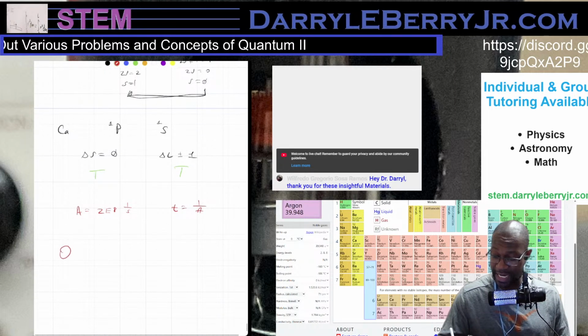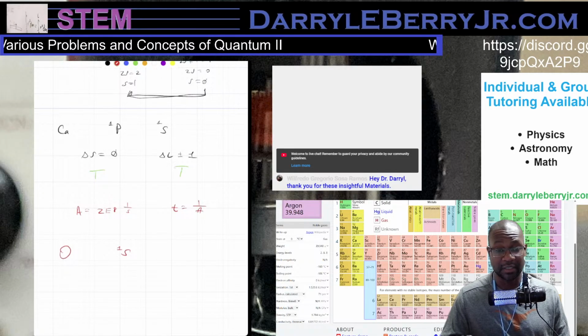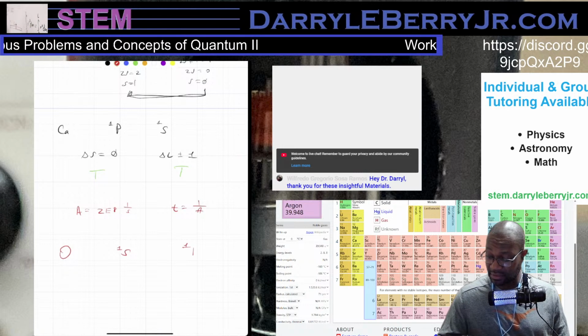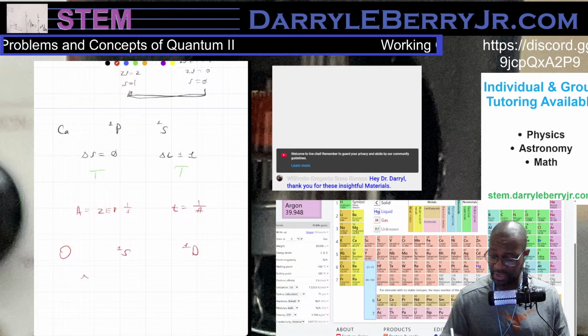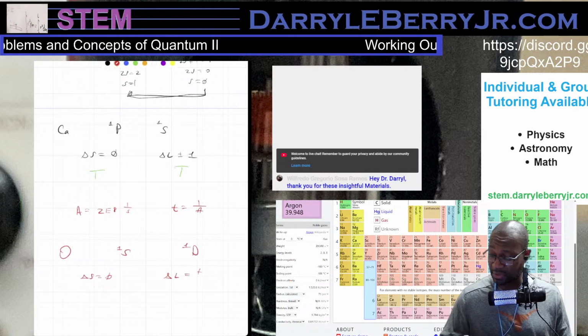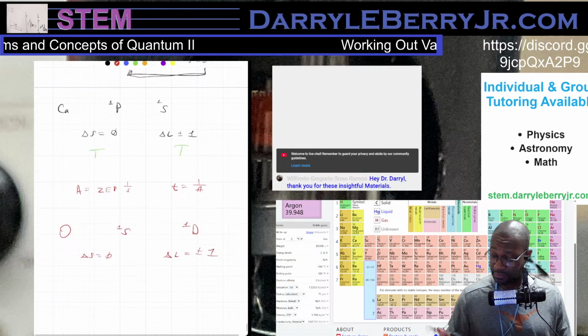And the last one, oxygen, we have an initial state, a singlet S big L orbital. The final state is a singlet big D. So now the first thing we notice is this changes by 2. So remember that the change in S needs to be 0. The change in L needs to be plus or minus 1. So it does change in L, but it changes by 2.